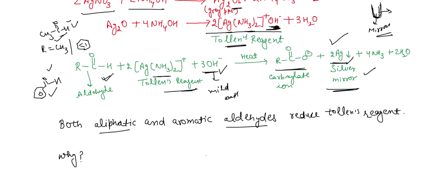Both aliphatic and aromatic aldehydes reduce Tollens reagent. In this case, the oxygen is inserted here. This aldehyde is oxidized to carboxylic acid. So the aldehyde itself is oxidized. If aldehyde is oxidized by some reagent, then it means it is reducing some other reagent.